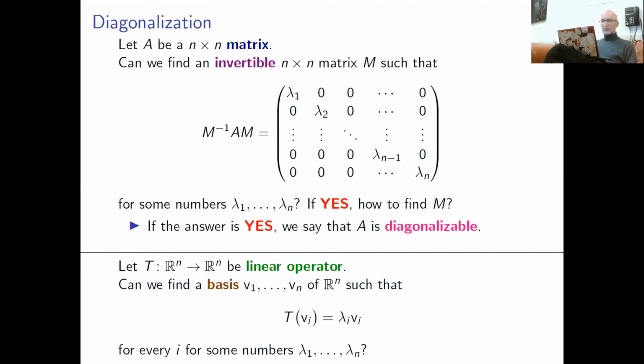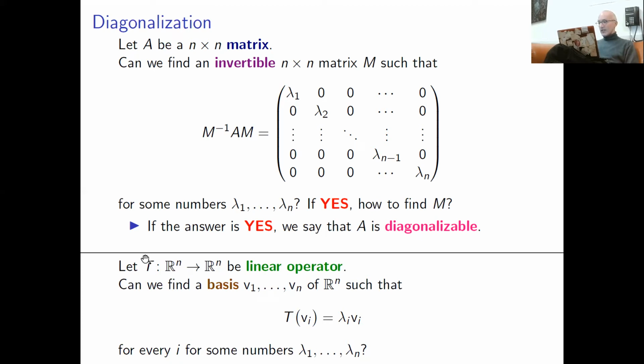Using the remark on the previous slide, the definition of the matrix of a linear operator T in a new basis, you can say this: T of vi is lambda i times vi. If you manage to find such a basis, for some numbers lambda 1, ..., lambda n, this means that you answer this question for the linear operator.